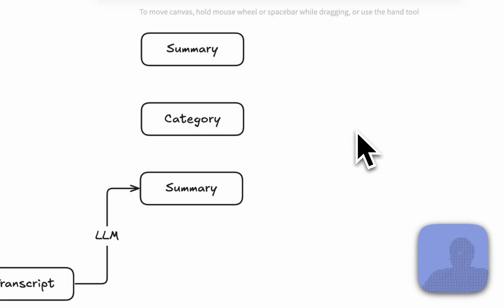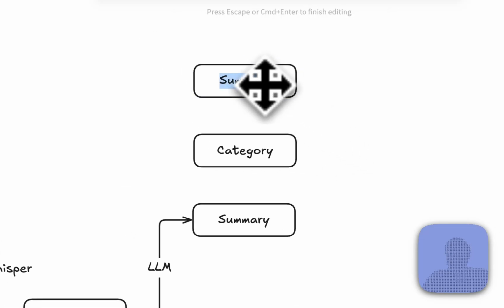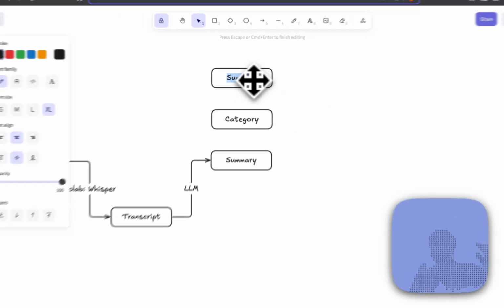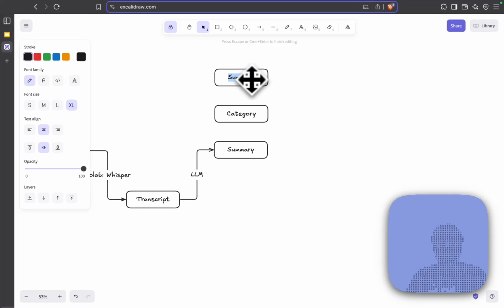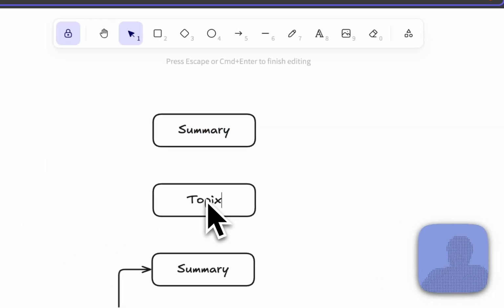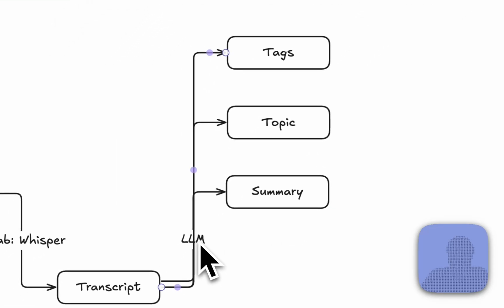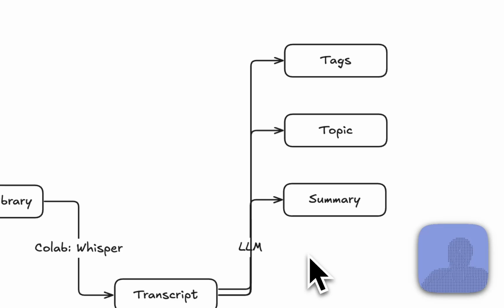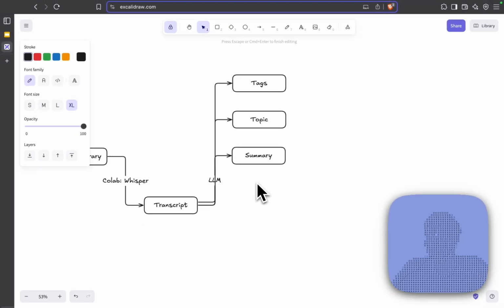Okay, so I had a fixed amount of categories, like for example, math, English, and all of that, right? Or topic, let's say topic. And here I then had tags, right? So through the LLM, I basically generated and augmented the data, okay?